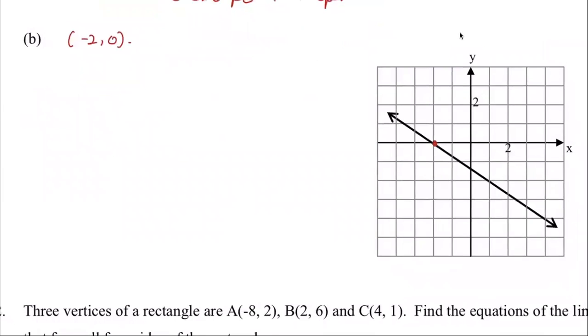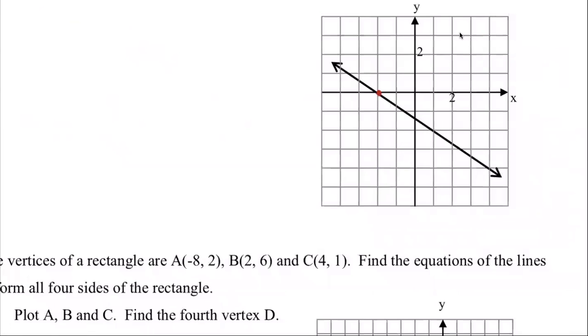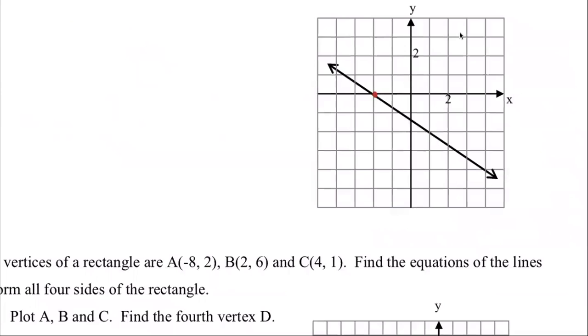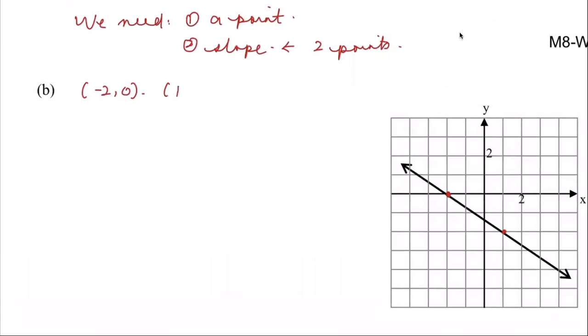And let's find another point. It looks like this point is on the graph, right? This point is 1, minus 2. So it looks like 1, minus 2 is also on the graph. Now we have 2 points.